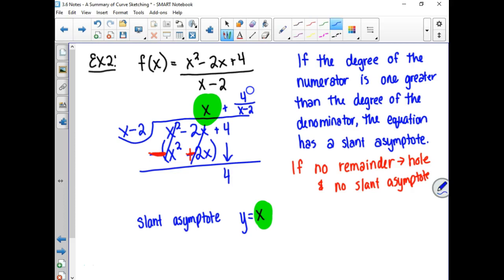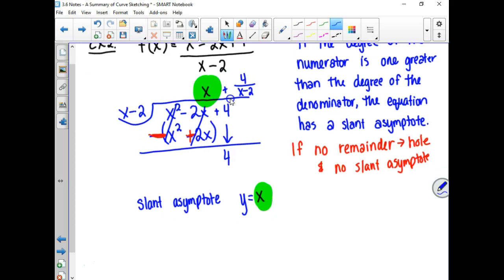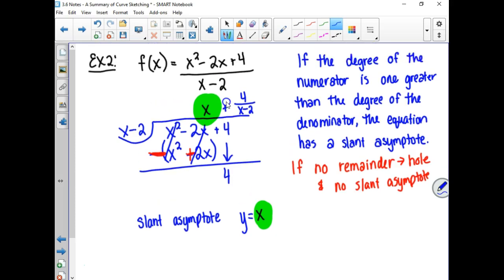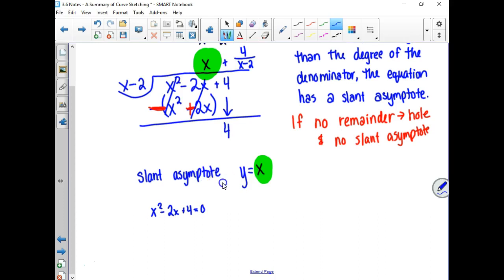Let's see. X-intercepts, y-intercepts. So for x-intercepts, we would set the equation equal to 0, which really just means x squared minus 2x plus 4 would equal 0. And let's see, that is not going to factor, is it? So we have to use the quadratic formula.